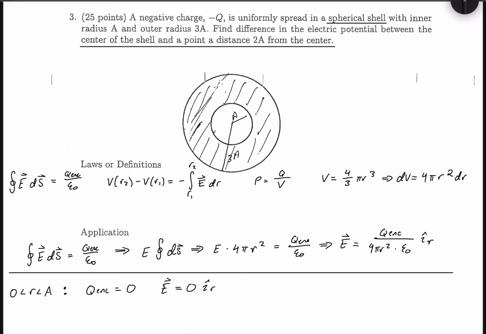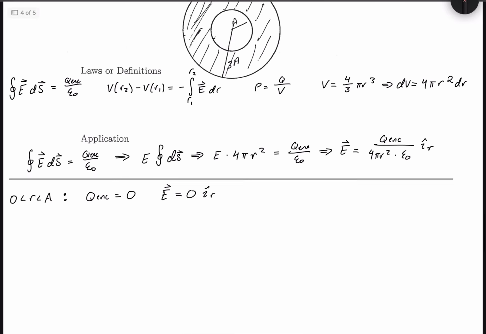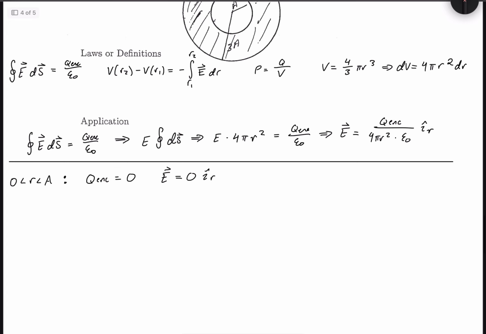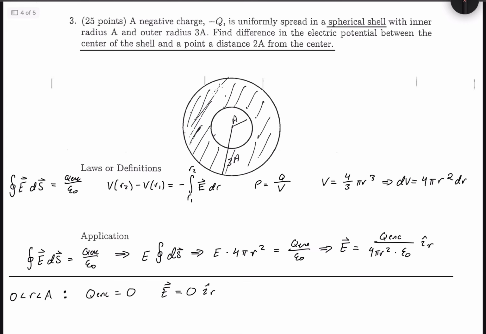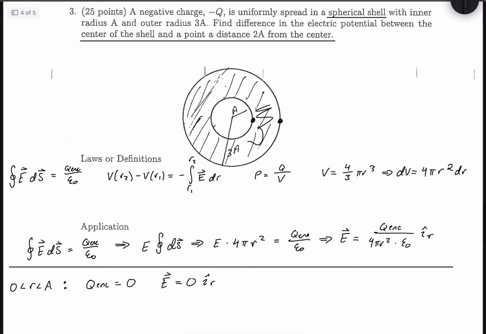So we really only have to find the Q enclosed, the charge enclosed between radius A and radius 3A. So, this part of the sphere.